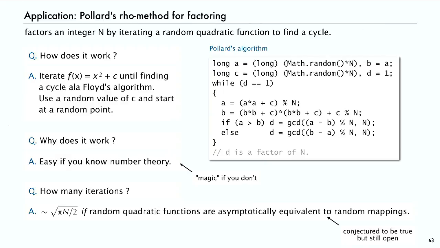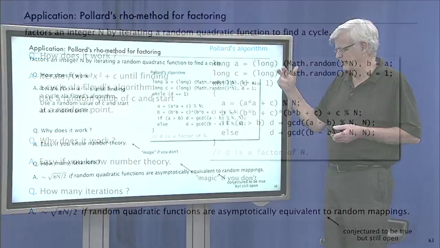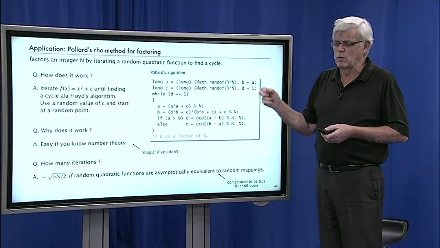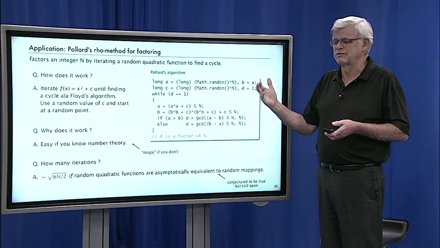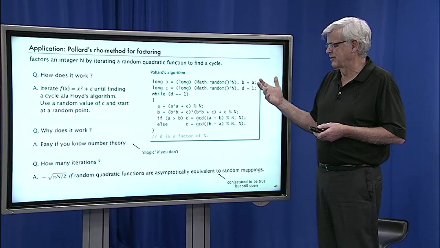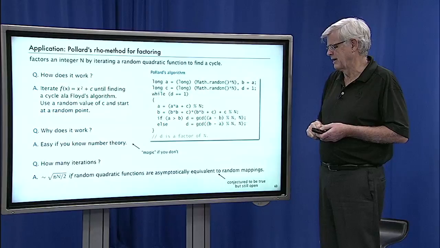And in a random mapping, the row length is square root of pi n over 2. So you can factor a number n in square root of n cycles, which is a lot faster than trying every factor.